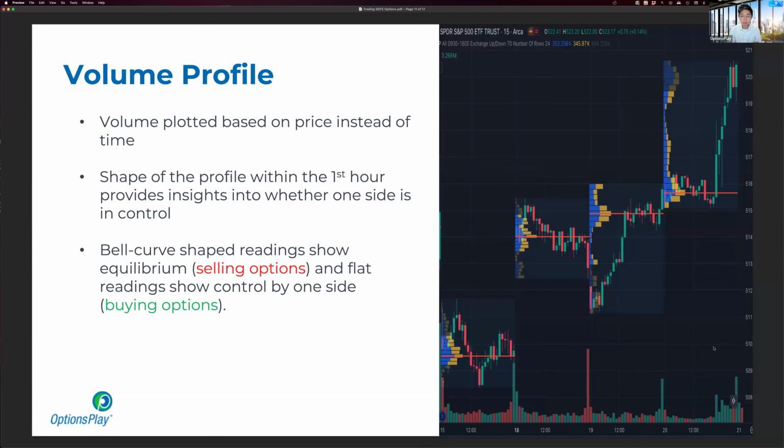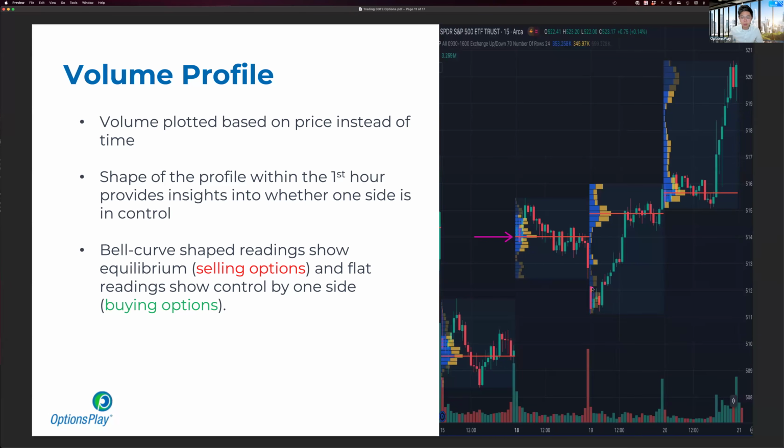Volume profile is simply plotting volume, instead of across time at the bottom of your chart, meaning how much volume was traded at a specific time, you're looking at how much volume was traded at a specific price. You basically have these little bars, and it tells you at a specific price how much volume was traded.